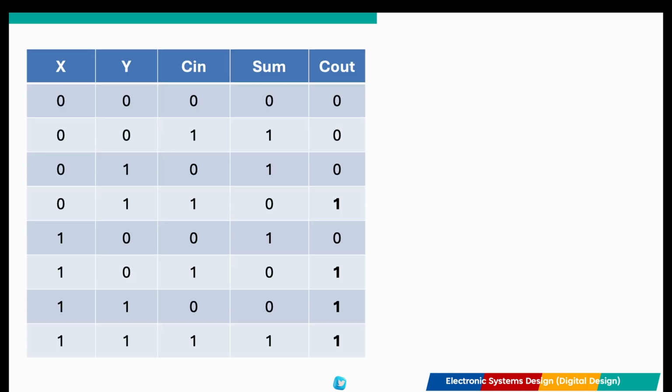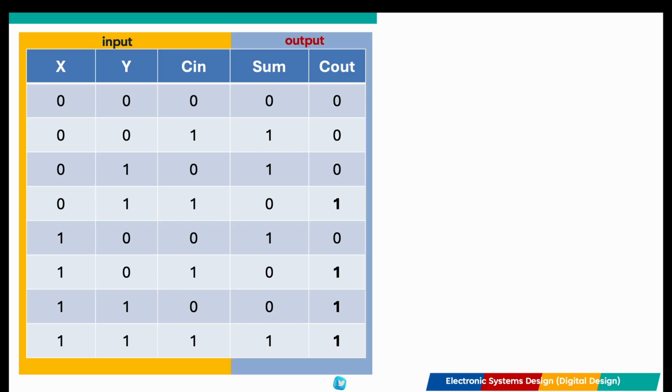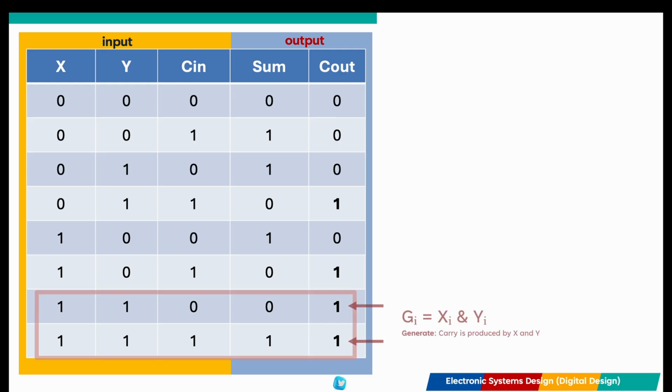To understand how we can predict a carry, we have to look closely at the full adder truth table. If we isolate every row where carry out is 1, we notice a very specific pattern. There are actually 2 distinct situations that create a carry. The first situation is the most obvious, when both X and Y are 1.